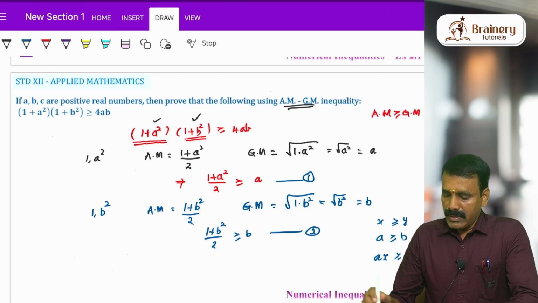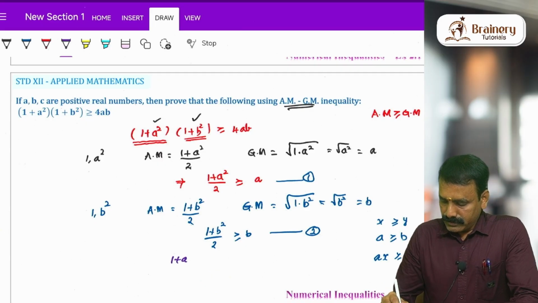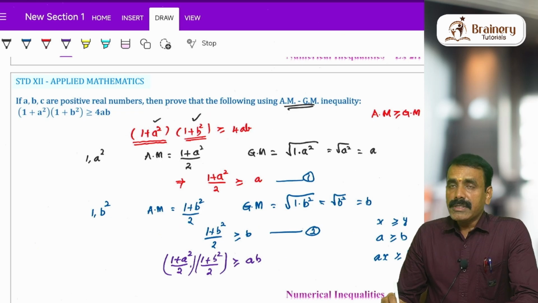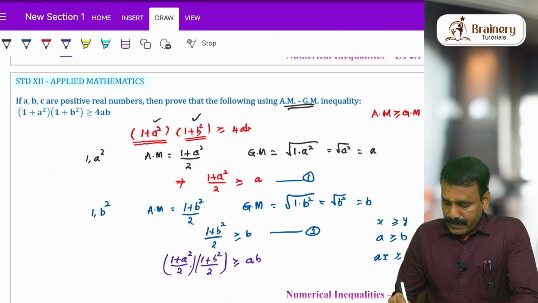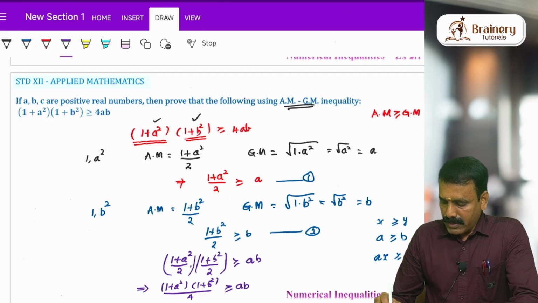When I multiply, what will I get? 1 plus A square by 2 into 1 plus B square by 2 greater than or equal to A into B. Now if we simplify the left hand side, it will be 1 plus A square into 1 plus B square by 4 greater than or equal to AB.